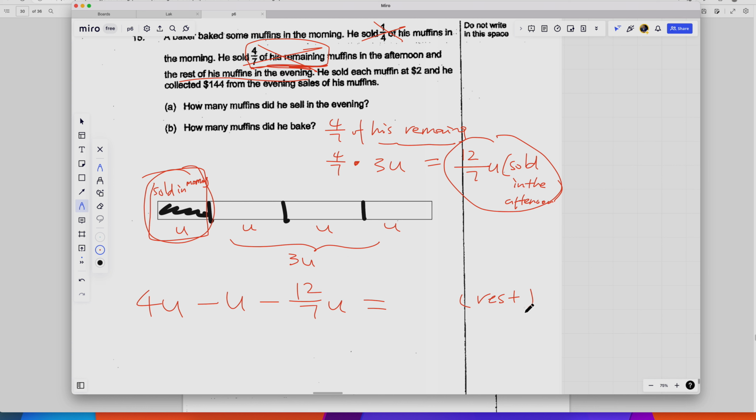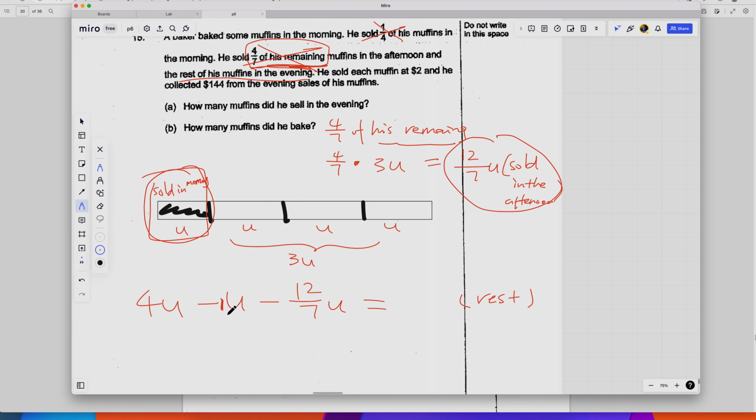So where's the rest? There is nothing here, that means it's 1.